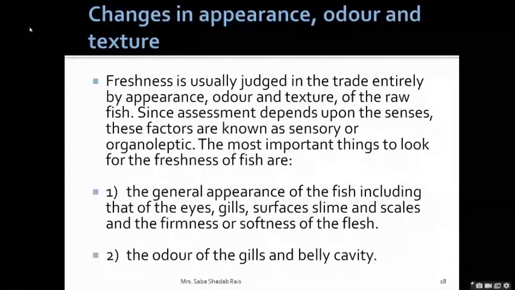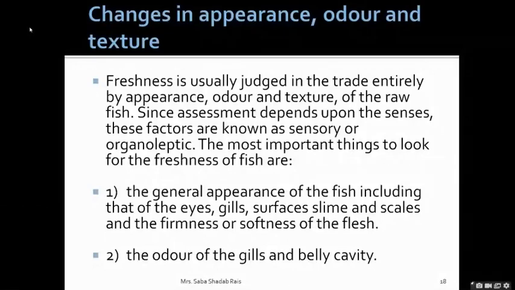Now how can we assess the fish? What are the factors? With the help of the senses, the test we are doing is called the organoleptic test. Organoleptic test means by proper observation we are evaluating whether the fish is proper, or you can say fresh or not.